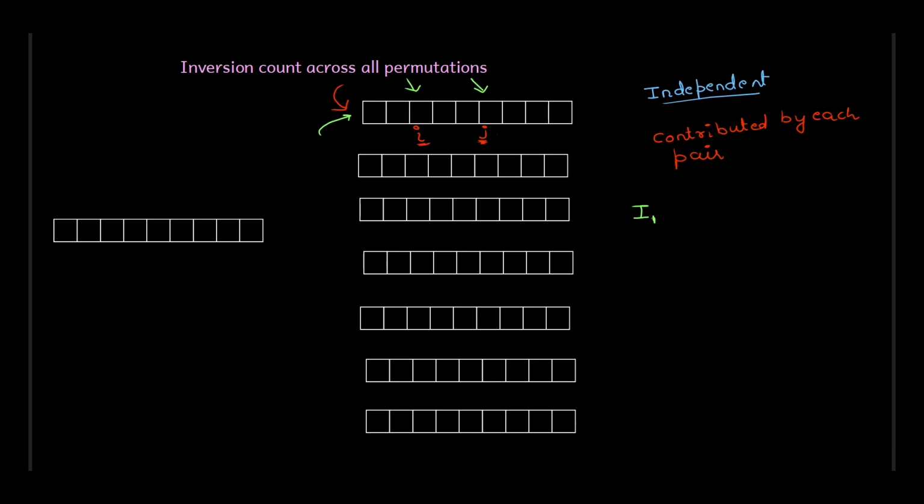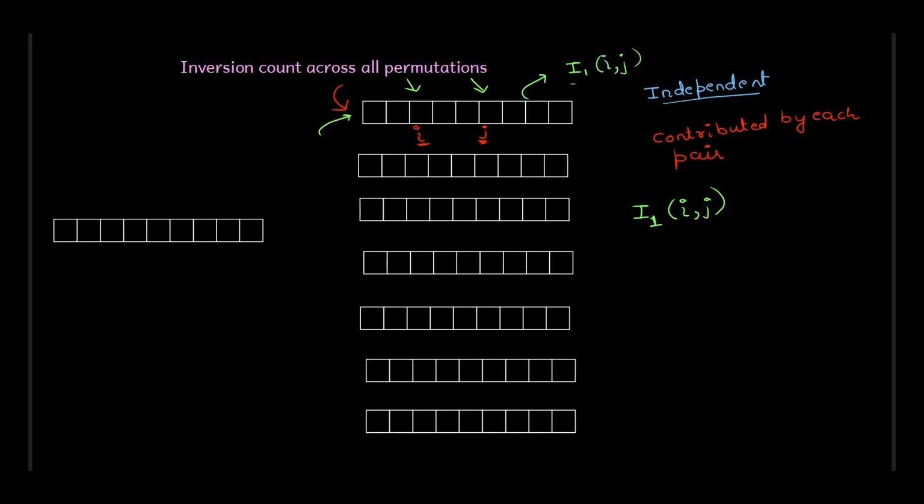Suppose this is the I1 indicator variable that you apply to the first array, and the answer to this problem would be the summation of all the indicator variables for I comma j.